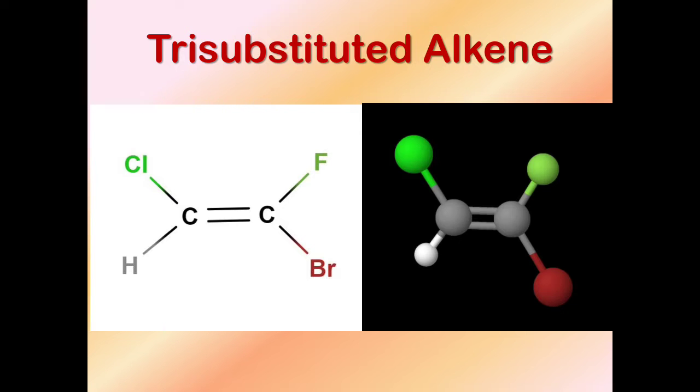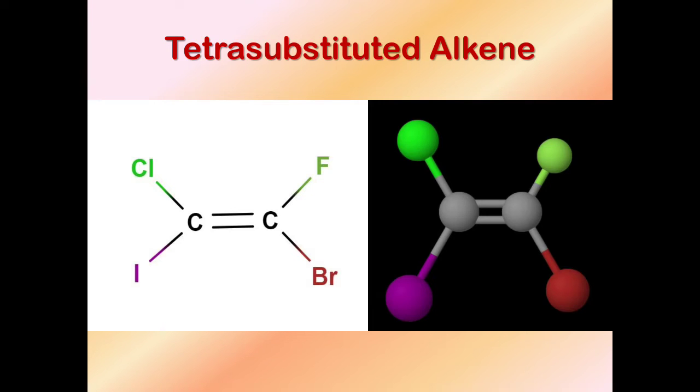Now let's see what a trisubstituted alkene is. 3 of the hydrogens of the ethene molecule are replaced by fluorine, bromine and chlorine. And finally we have tetrasubstituted alkene, where in an ethene molecule I have replaced all the 4 hydrogens with different groups, that is fluorine, chlorine, bromine and iodine.